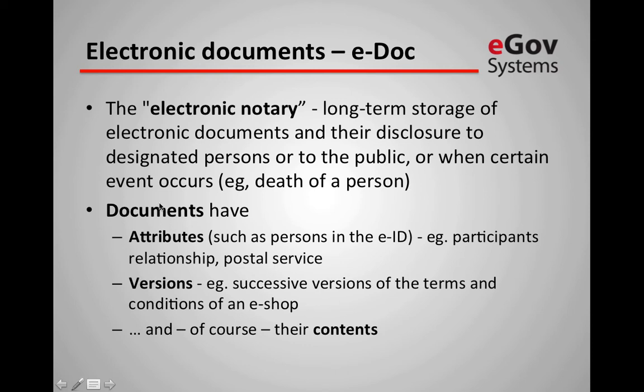The documents have attributes similar to persons in electronic identity, including, for example, relationship and so on. They have versions, for example, successive versions of terms and conditions of an electronic shop, and of course the contents of the document itself.